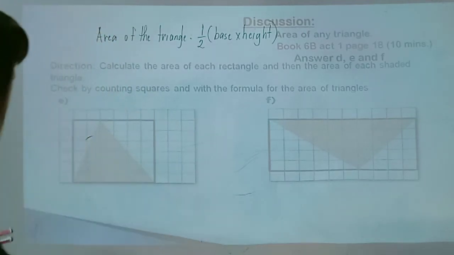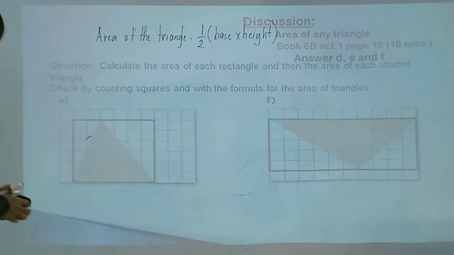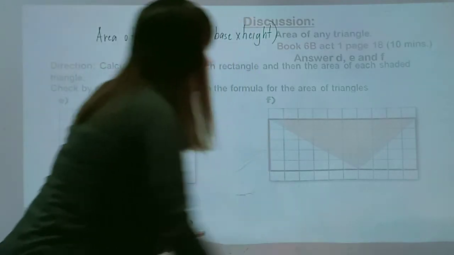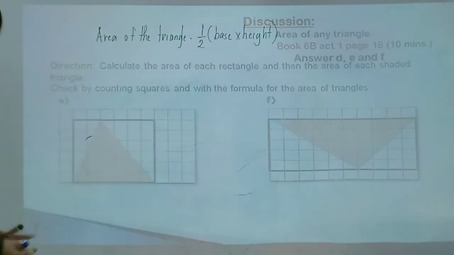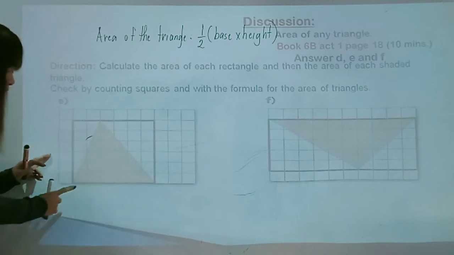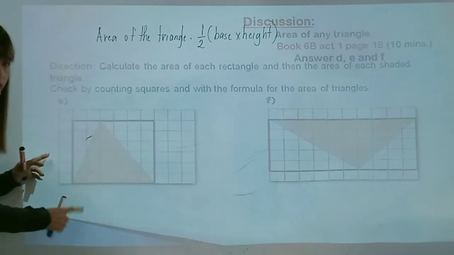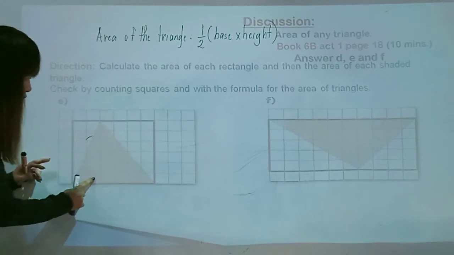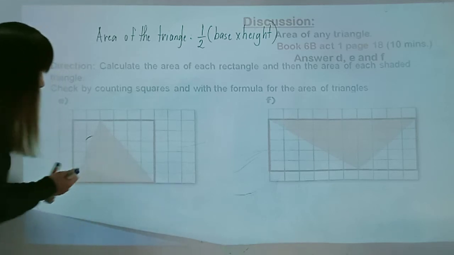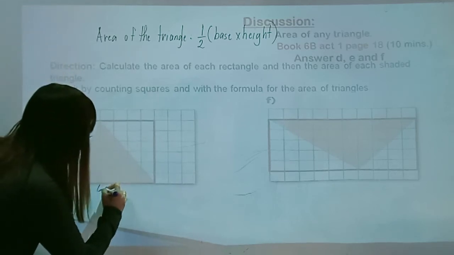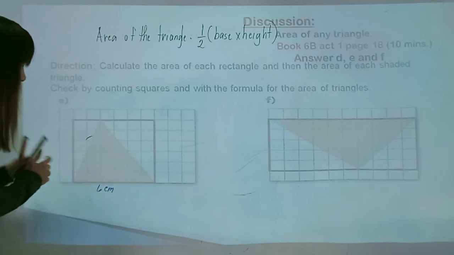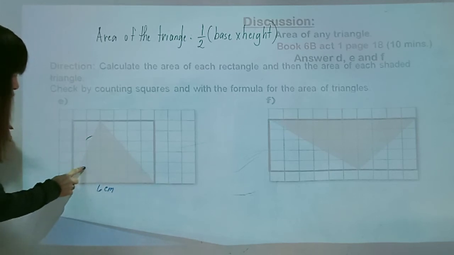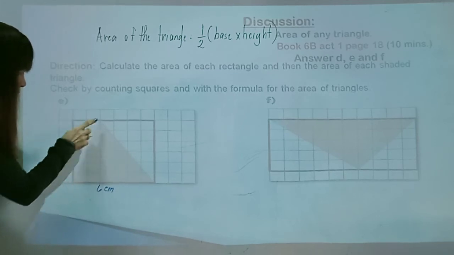Okay, class. Again, as you can see, we are going to get first the measure of the base and the height. Let us count the shaded squares of the base. 1, 2, 3, 4, 5, 6. So the base is 6 centimeter. How about the height? 1, 2, 3, 4, 5, 6.